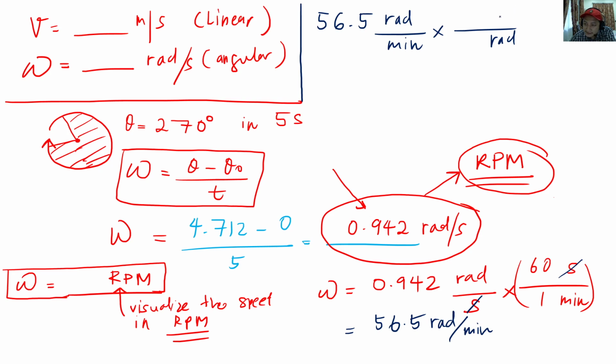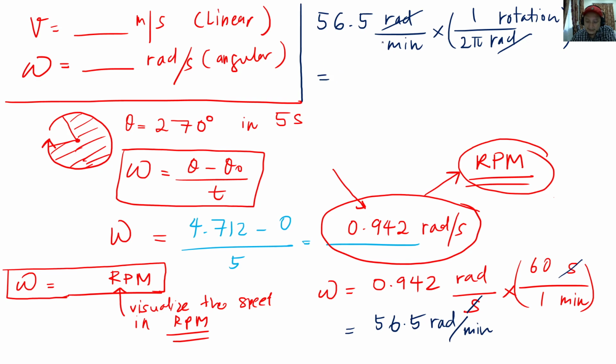Rotation. 1 rotation is equal to 2 pi radian. This one can do lah. So now this radian can be cancelled off.